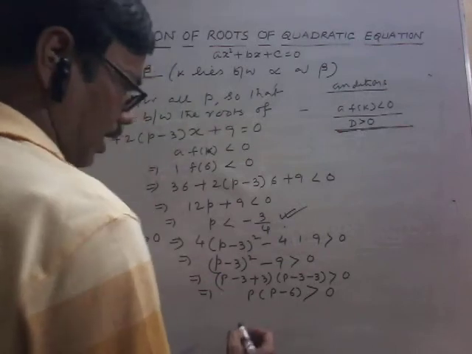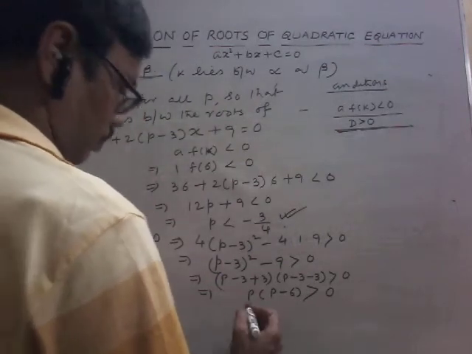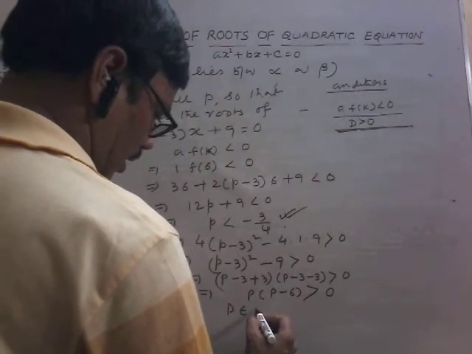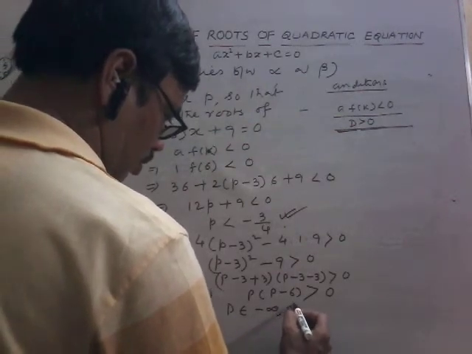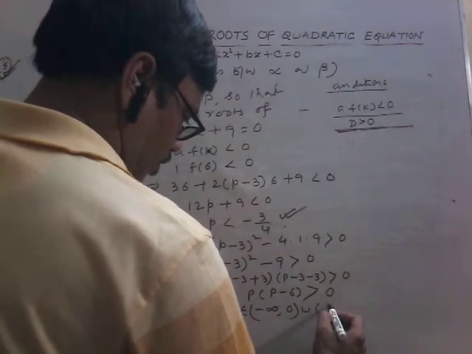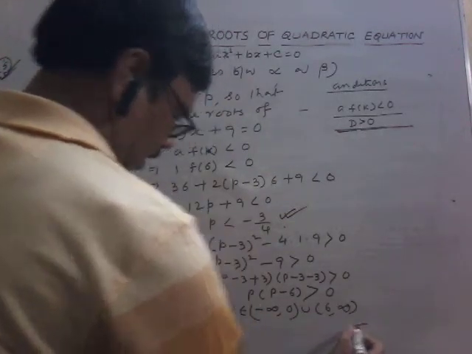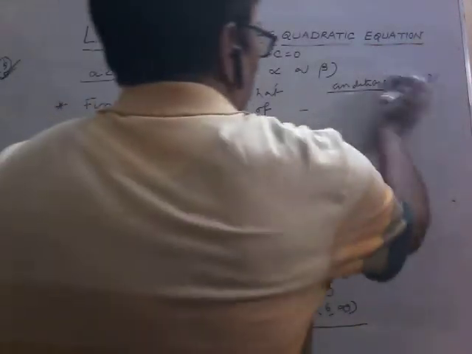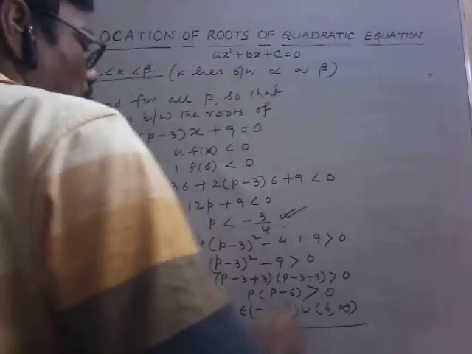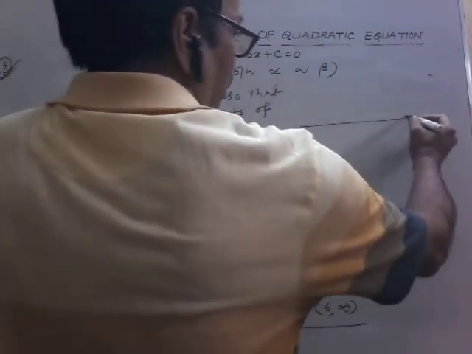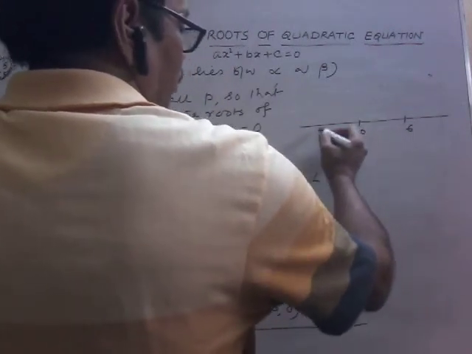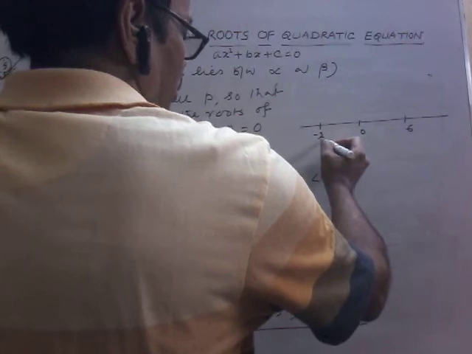So what is p? P belongs to outside the interval, minus infinity to 0 union 6 to infinity. Now we take the common part. As you please, you can write directly or draw the figure. This is 6, this is 0, this is minus 3 by 4.